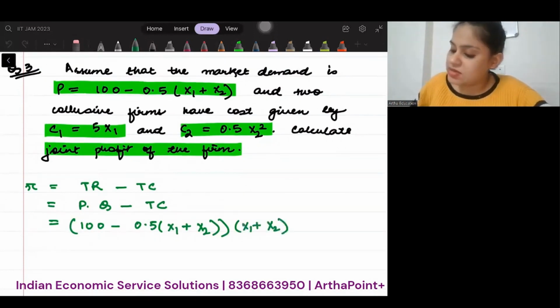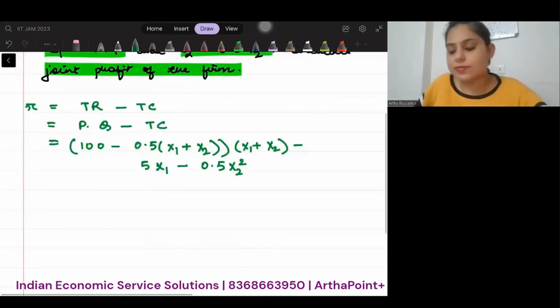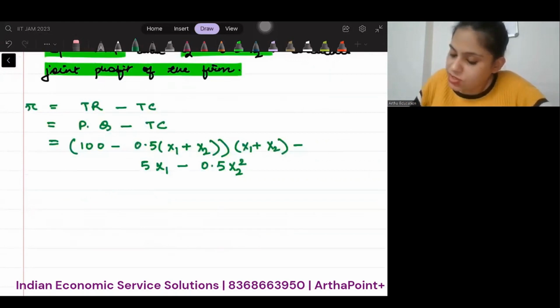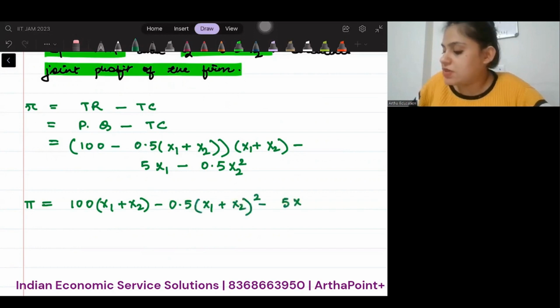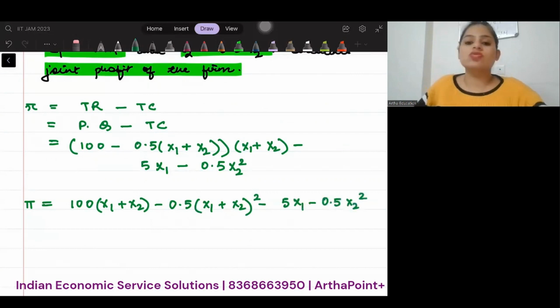And minus 5x1 minus 0.5 x2 squared, right? Okay, so now I will get pi is equal to 100 (x1 plus x2) minus 0.5 (x1 plus x2) whole square minus 5x1 minus 0.5 x2 square.